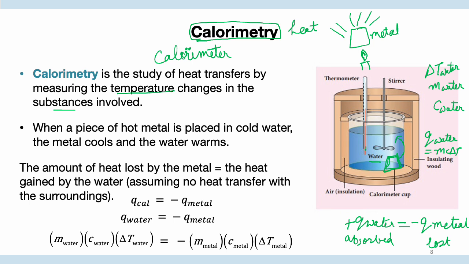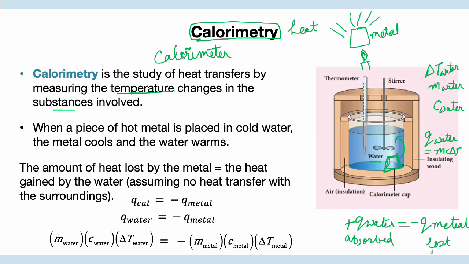Using this mathematical expression, we can solve for any missing information about the metal. So for example, heat for water is m of water, c of water, delta T of water. Heat for metal will be m of metal, c of metal, delta T of metal. If I am missing any of this information in this equation, I can find it.